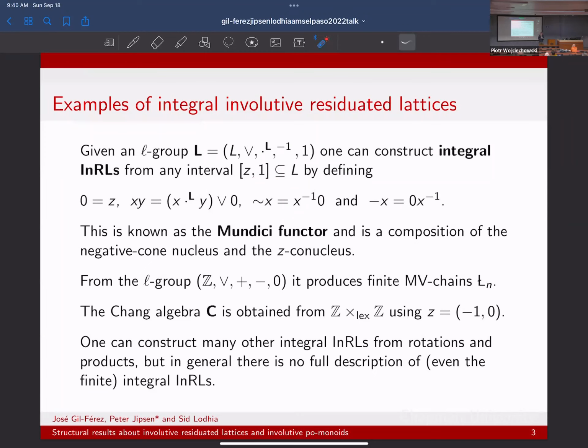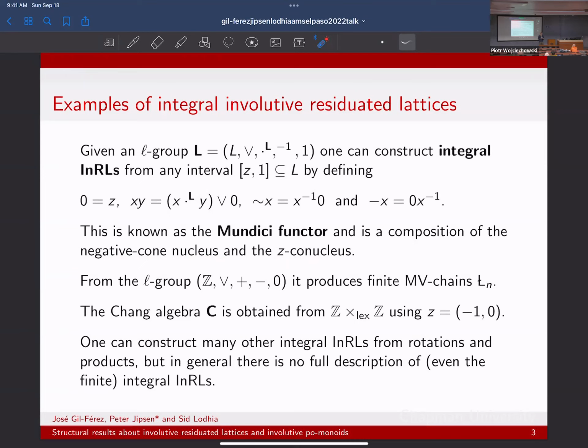And this restriction is sometimes, or generally in the commutative case, referred to as the Mundici functor, and it's also a composition of a negative cone nucleus and the Z cone nucleus, which is the filter above Z restriction.